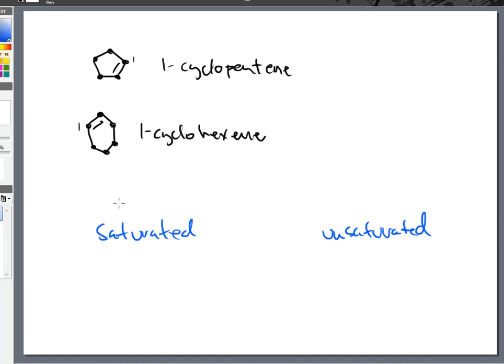So saturated is really in reference to an alkane. What that means is that all of the bonds are single bonds, carbon-carbon single bonds in a saturated molecule. Unsaturated molecules are typically the world of alkenes, and I'm going to put others here because we don't know what those others are yet.